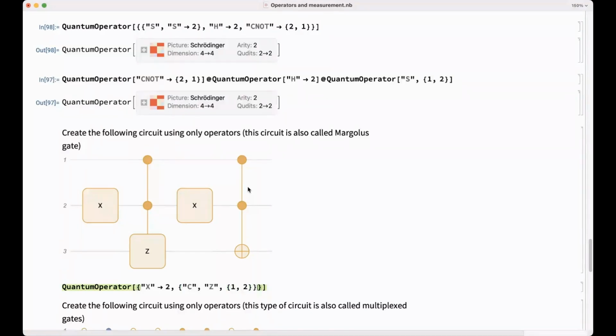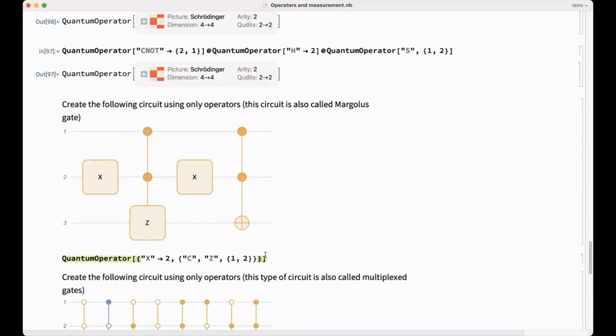Now look, let me just comment here. You see here, we are specifying control as 1 and 2, and Nick is not giving any argument for the Z operator. So automatically, that's how we would understand it: whatever is the control, Z will be the next one. So here we automatically understand that Z is acting on the third one.